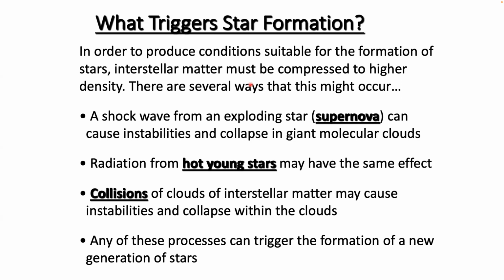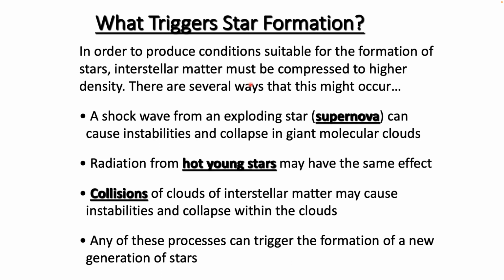So there are several ways that this might occur. So the condition is, once again, this interstellar matter should be compressed into a very high density, and you can have this in a few different ways. So the one way is a shock wave from an exploding star, right?